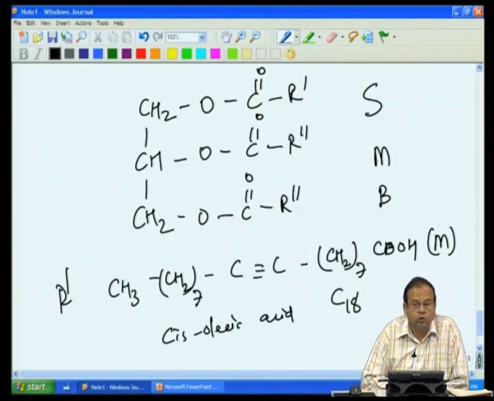So, you do not want to saturate them completely, yet you do not want to leave them as di-unsaturated either, because that would make them liquid and so on. So, in the next session we will see how we design reactors for this.